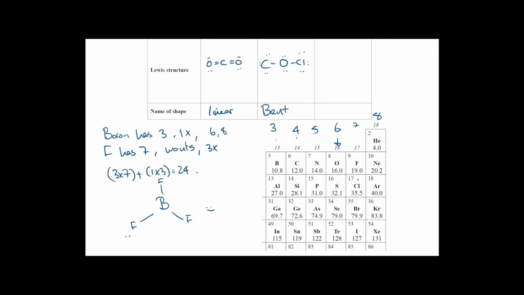This one is in the same boat. That's happy as well. This is happy. Now, is the boron happy? Yeah, it is. It's not going to get any more electrons, but it is happy with 6. So this is our final structure.